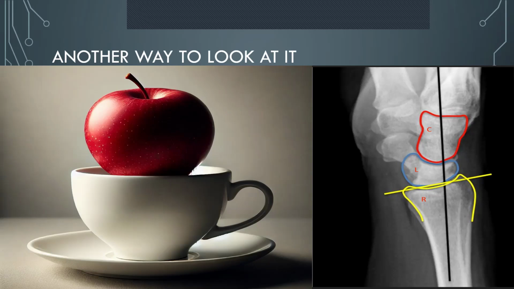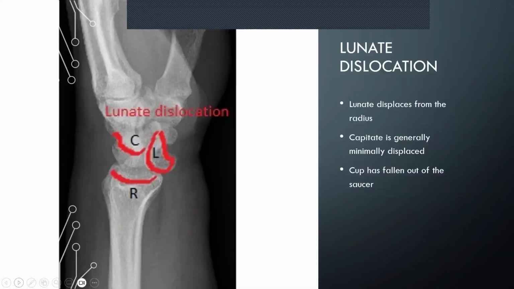Let's look at what happens when they go out of place, which is what we are looking for on a lateral X-ray. Remember, we're not really looking for fractures. You can find fractures, I'm not saying no, but that's not the primary reason why we do the lateral. And we don't do the lateral just for fun, because very often when there are fractures, you do get dislocations as well. So let's start first with the lunate dislocation.